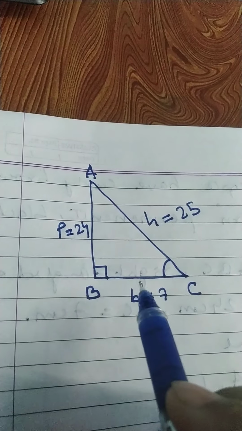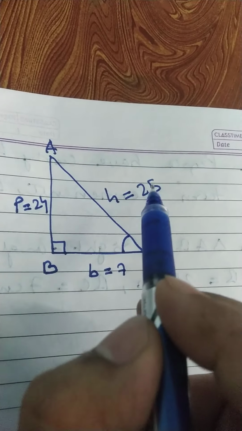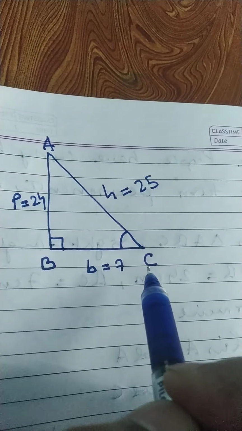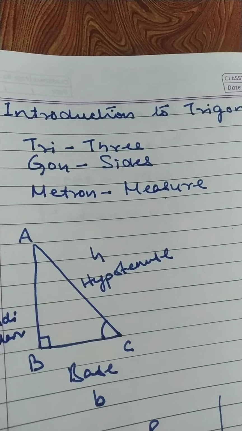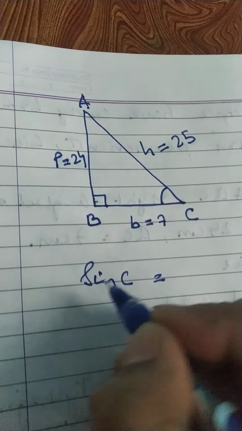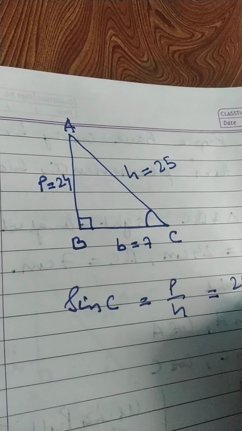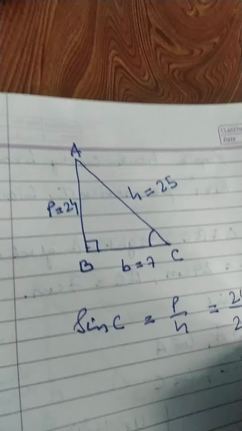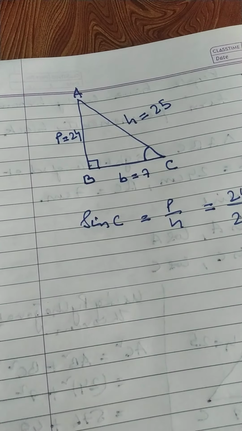AB and BC are already given, and with the help of Pythagoras theorem, we have calculated the length of the side AC. So now we have to determine sine C. Sine C is P by H, and here P is 24 and H is 25. So sine C is 24 by 25.